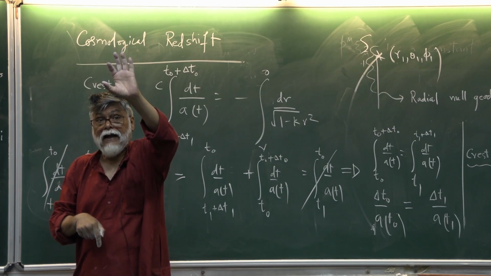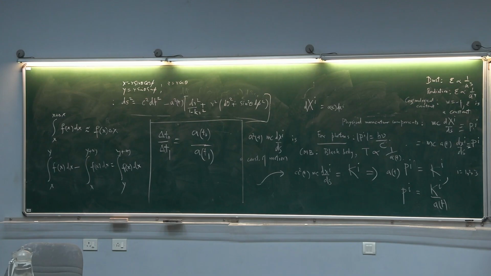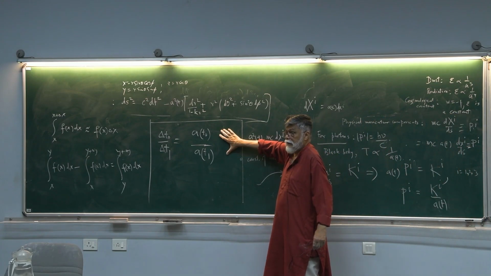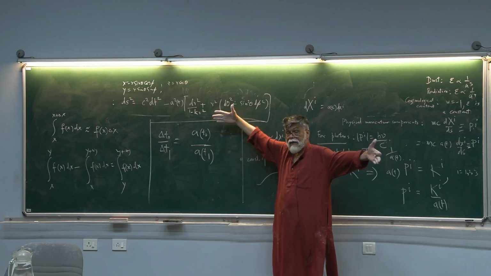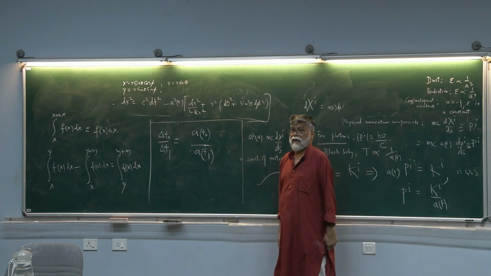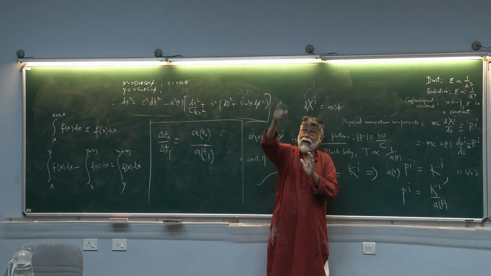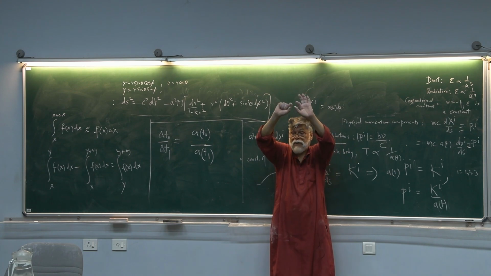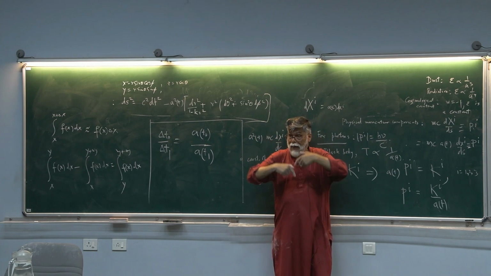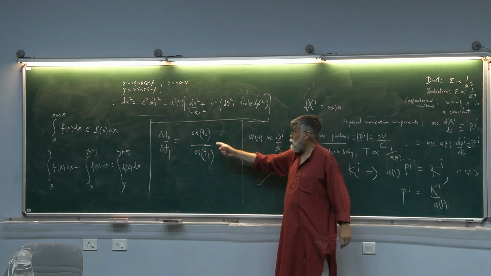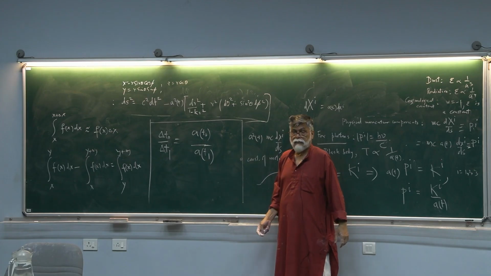The next light ray came at T0 plus delta T0, and the ratio delta T0 by delta T1 is this. If the universe is expanding, A of T0 is bigger than A of T1. So I will see that two light rays that were emitted from the source with a gap of delta T1, by the time they have reached, have got stretched out. By how much? By A of T0 by A of T1.